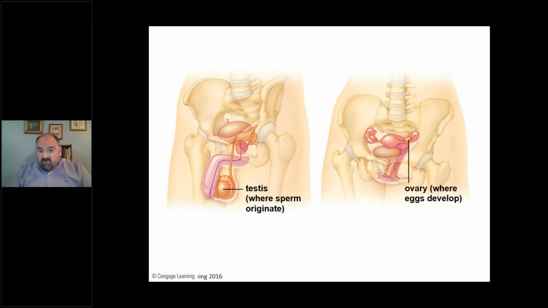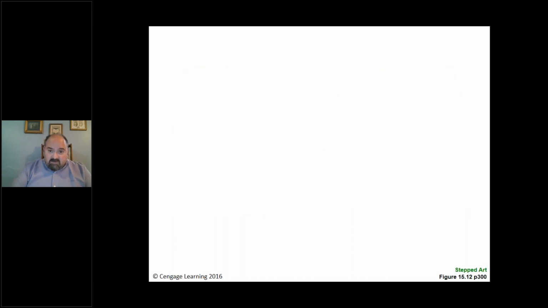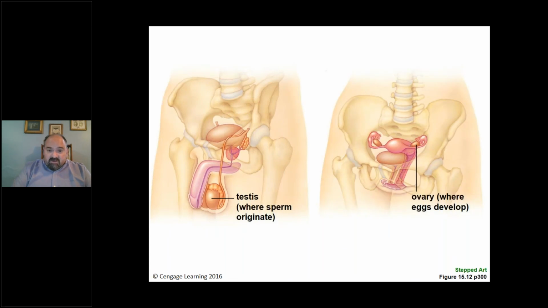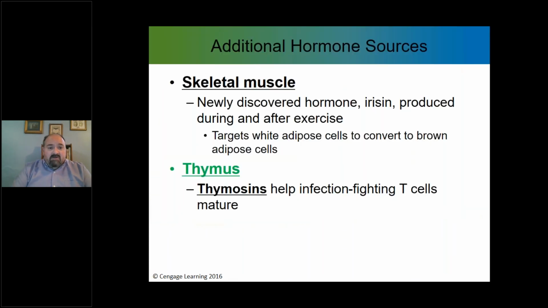So you see here, the testes and the ovaries are involved in the reproductive cycle, and we'll get into that in more detail. As far as skeletal muscle, this irisin produced during and after exercise targets white adipose cells to convert to brown adipose cells, which is brown adipose tissue, brown fat.